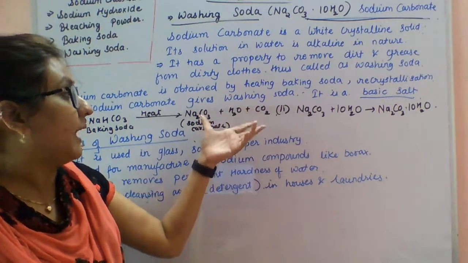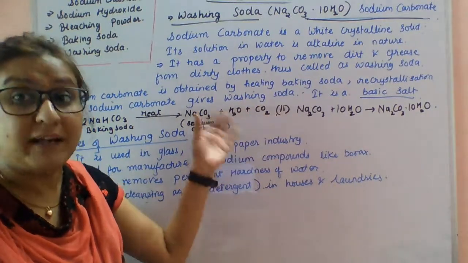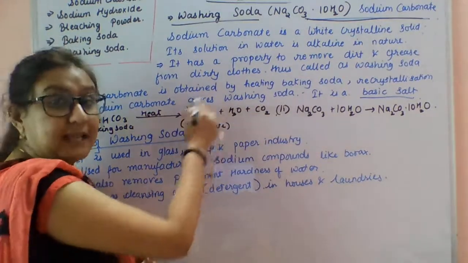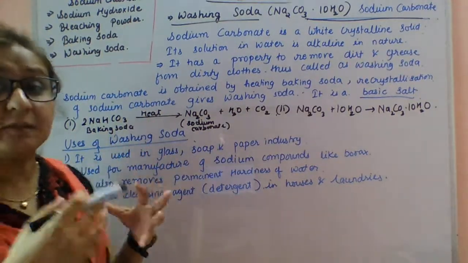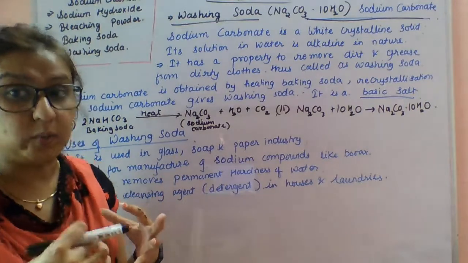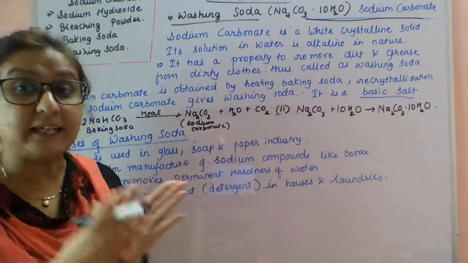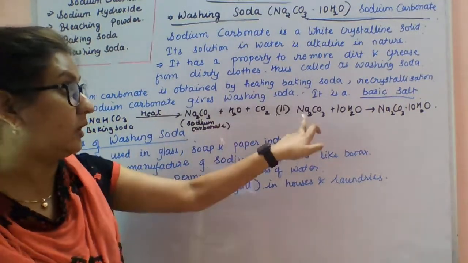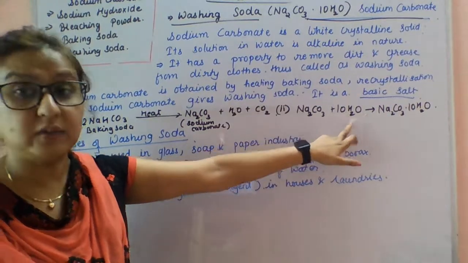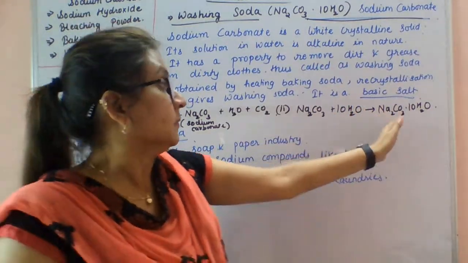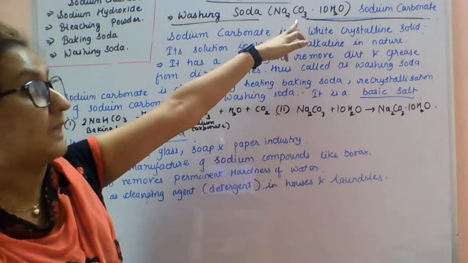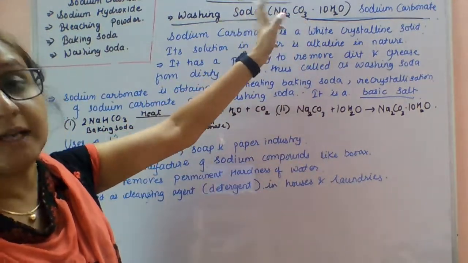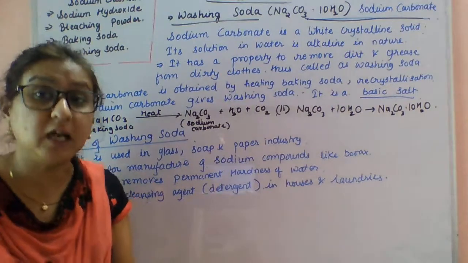and H2O and CO2. After we get this Na2CO3, we recrystallize it. Recrystallize means adding water to it. When Na2CO3 is combined with 10 molecules of water, it yields Na2CO3·10H2O, that is sodium carbonate, or washing soda.